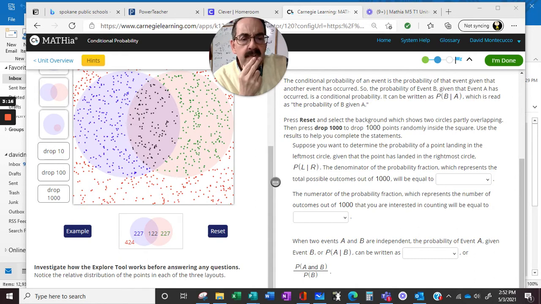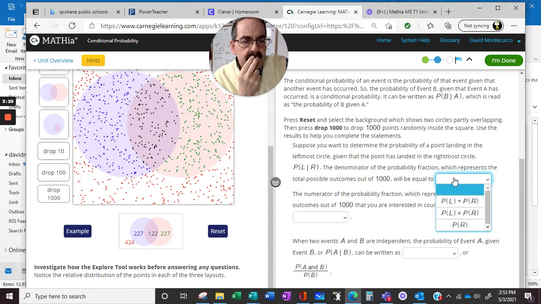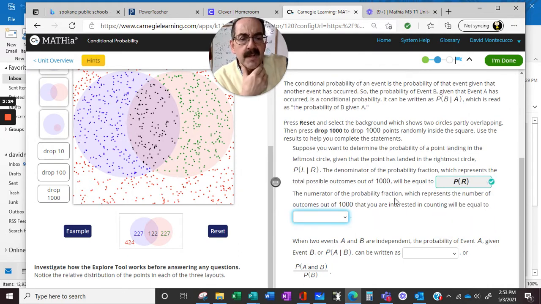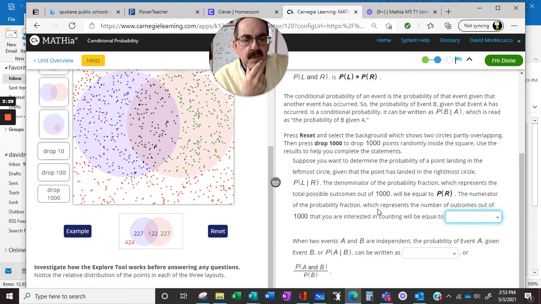The denominator of the fraction of outcomes will be the total, and the numerator will be the favorable outcomes.